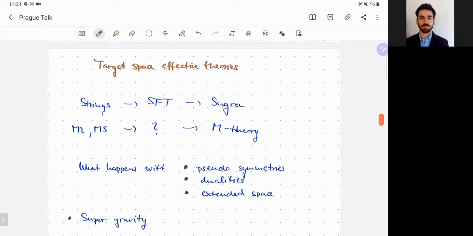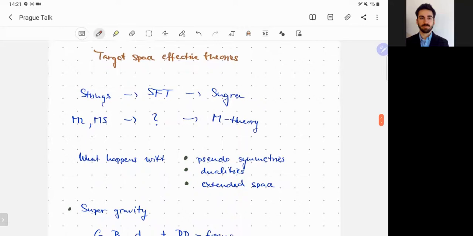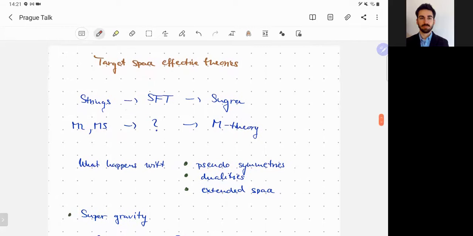And now I'm going to switch gears and talk about the target space effective theory. In physics we like to first probe the space with strings, say, and then look at the excitations created by the string. We construct this target space action called string field theory, which, as you probably know, is super complicated.